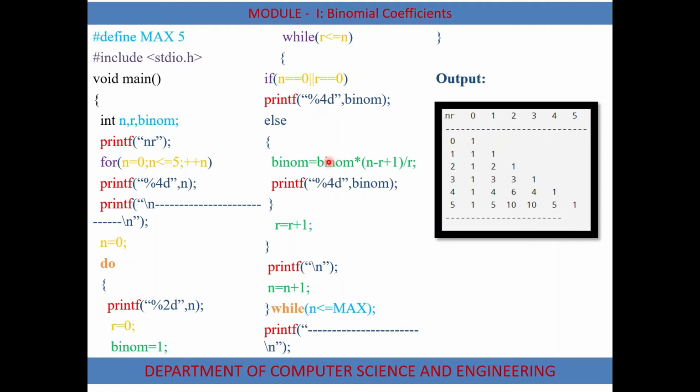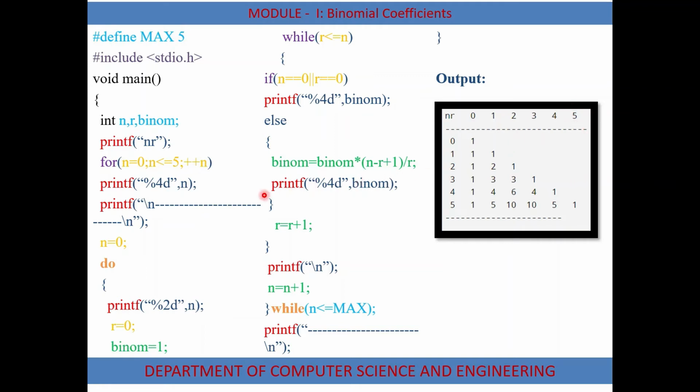Now we need to display the first row. The first row contains the values of n, that is 0 to 5. The maximum value is 5 here. In case we consider the maximum value as 10, then we need to display 0 to 10. But here the variable MAX has a constant value 5, so it ends up here.